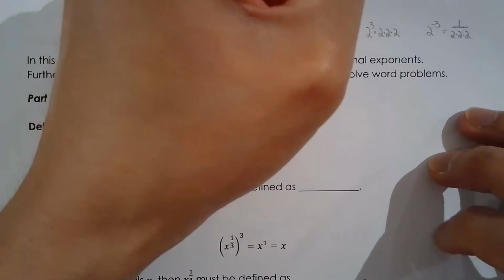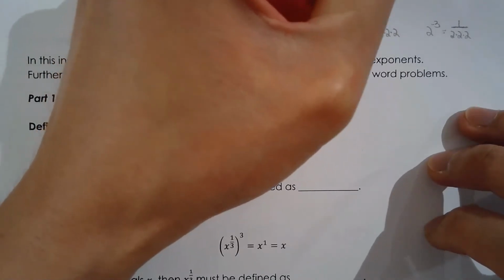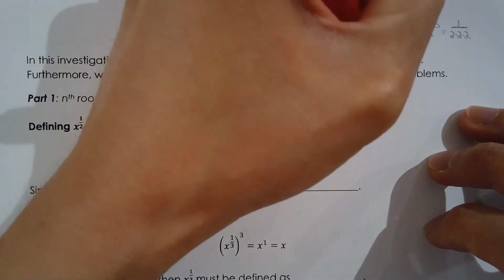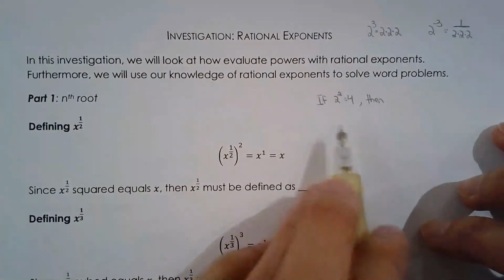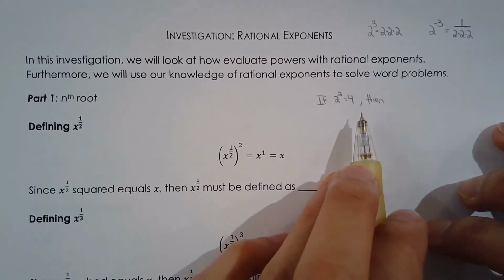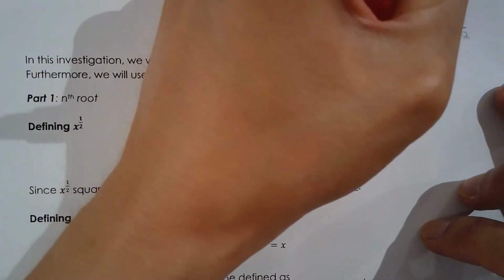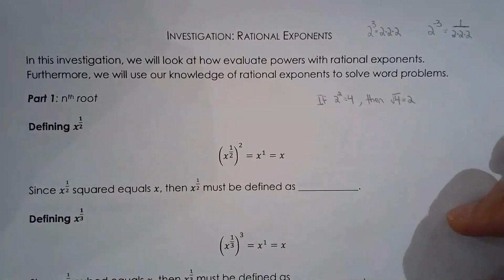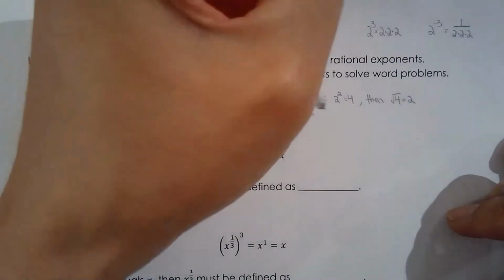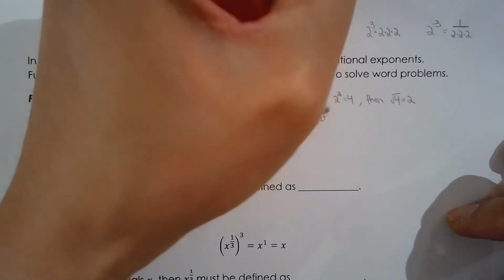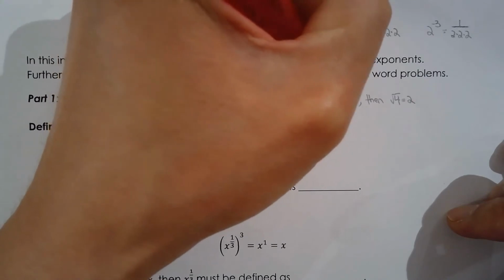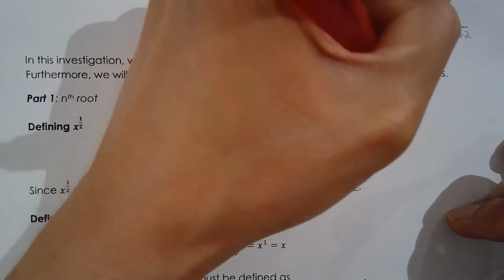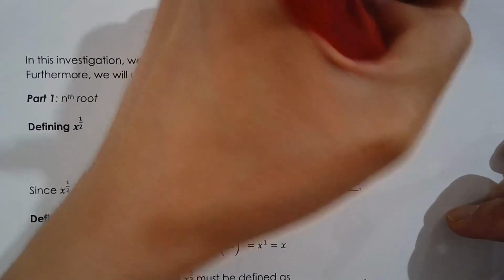If 2 squared is equal to 4, then root 4 is equal to 2. If 3 squared is equal to 9, then root 9 must be equal to 3.